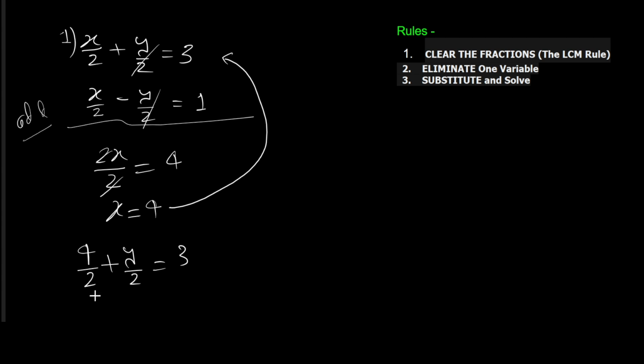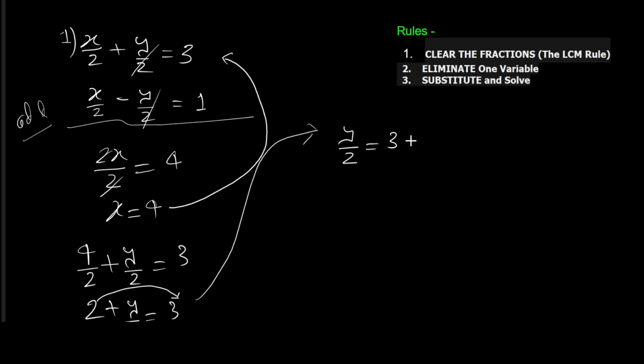So 4 over 2 gives us 2, plus y over 2 equals 3. I'm going to take this 2 to the right side of the equation. So y over 2 equals 3 minus 2, which gives us 1.